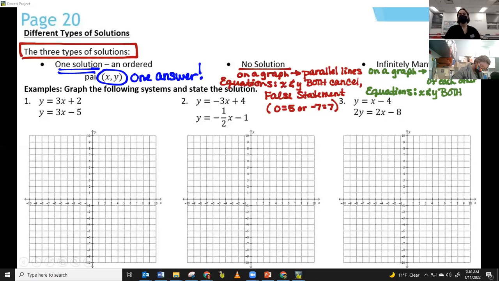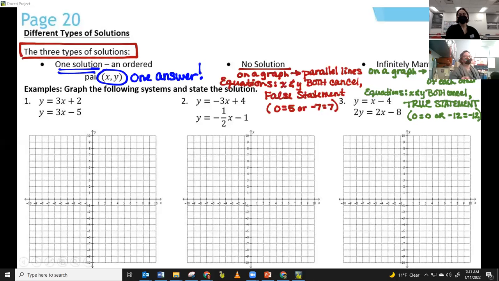There we go. But then you have a true statement, something like 0 equals 0, or negative 12 equals negative 12. Something that really is true.